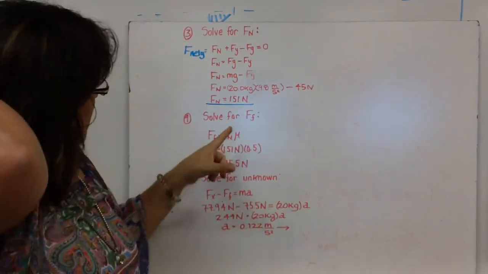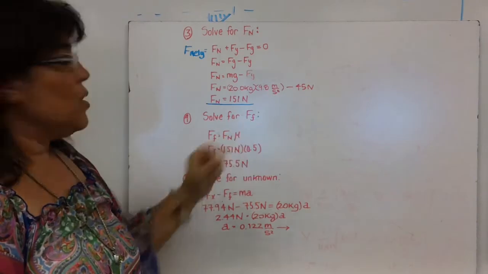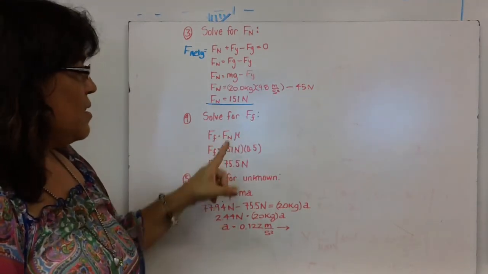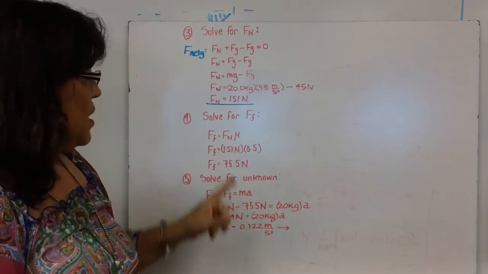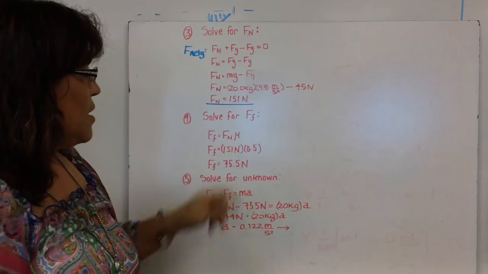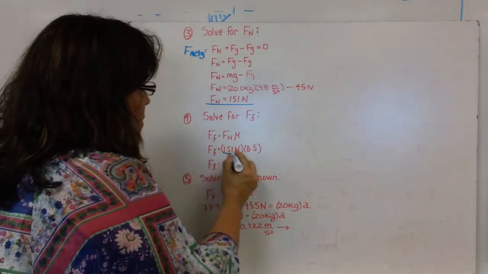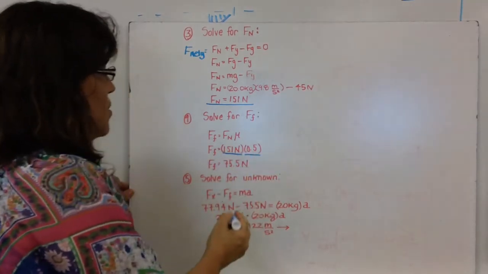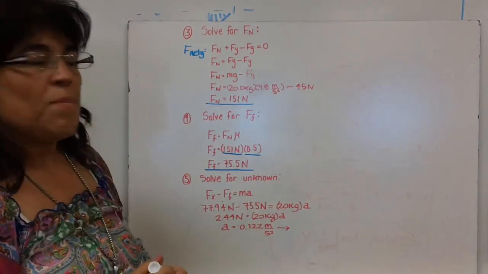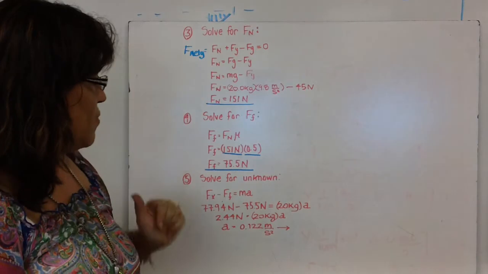My next step now is I'm going to solve for my friction force. Well, I know that my force of friction is equal to Fn, the normal force, times mu. Fn we calculated up here is 151, and mu is a given number of 0.5. I calculate that, and now I have my force of friction. So now I have my normal force and my force of friction.